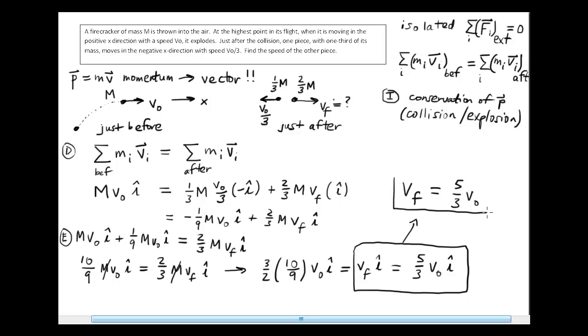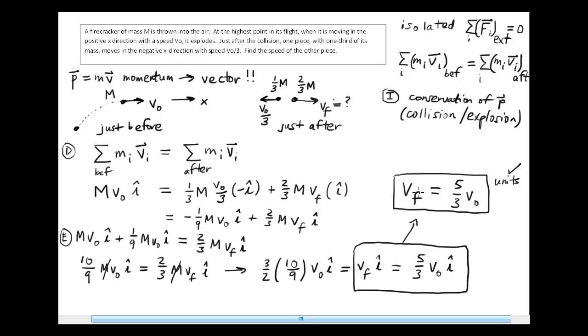And we can check this two different ways. First of all, it makes sense because it's got the right units, because we want a velocity, and we end up with v final as some numerical value, 5/3, times a velocity, so the units work out.